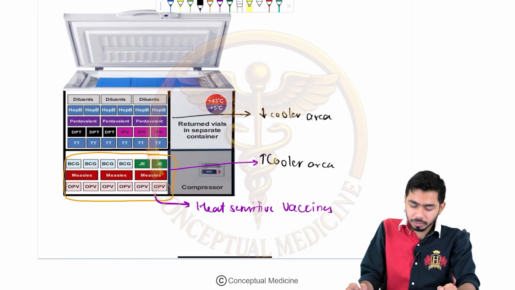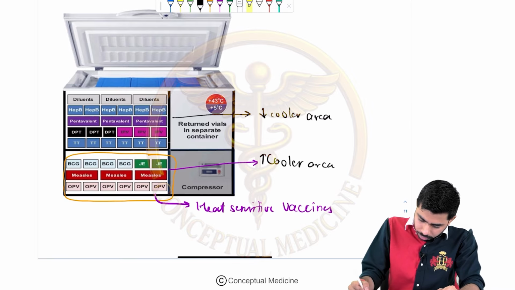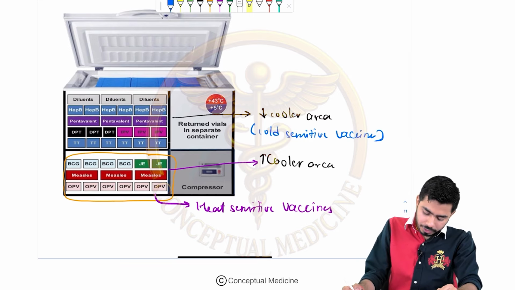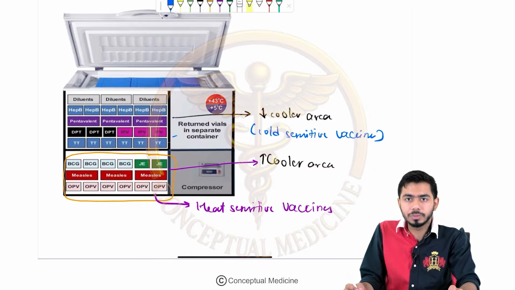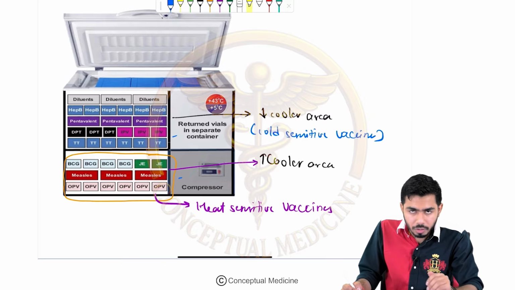The cold sensitive vaccines. So these are the vaccines present over there: these are the cold sensitive, and these are the heat sensitive vaccines, which we keep accordingly.